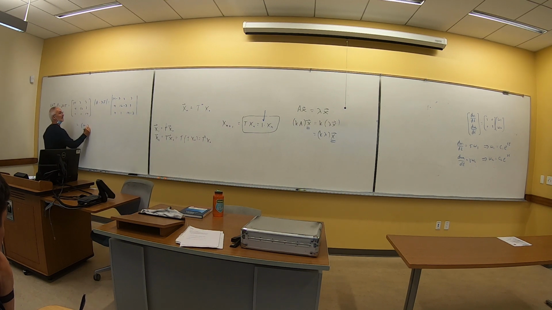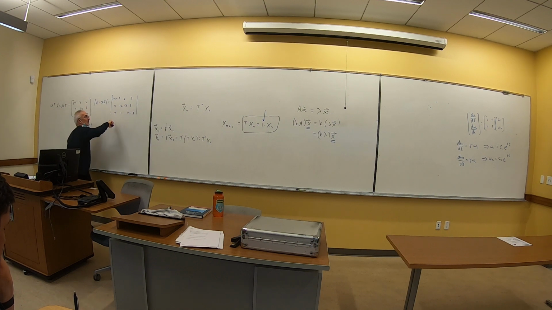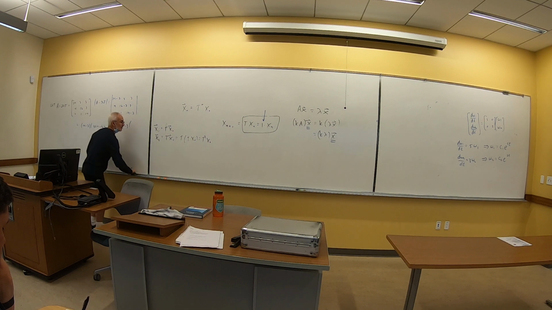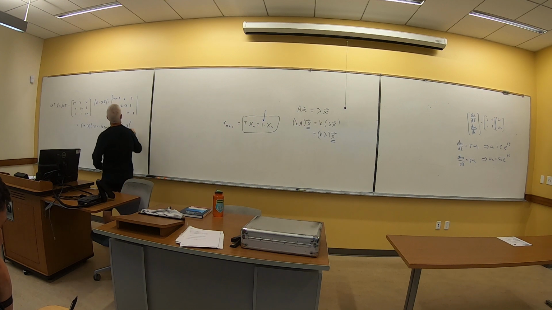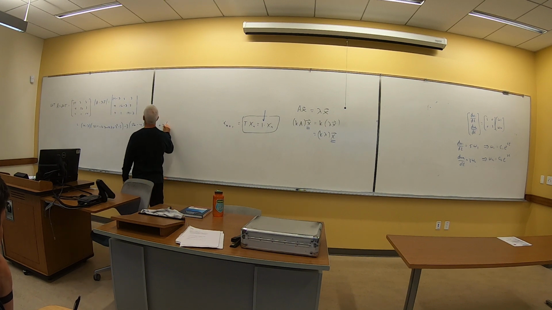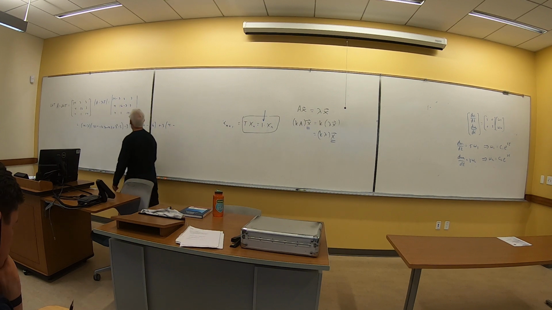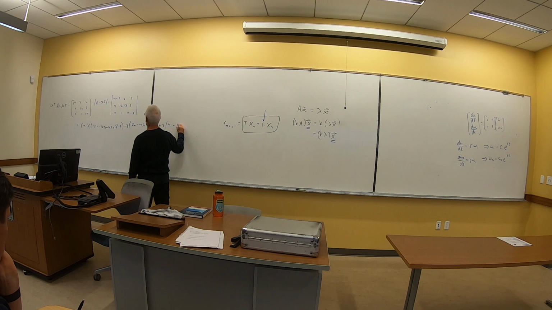So 14 minus lambda, and I have 224 minus 16 lambda minus 14 lambda plus lambda squared, minus 3 times 56 minus 4 lambda minus 6, plus 3 times 4 minus 32 plus 2 lambda.